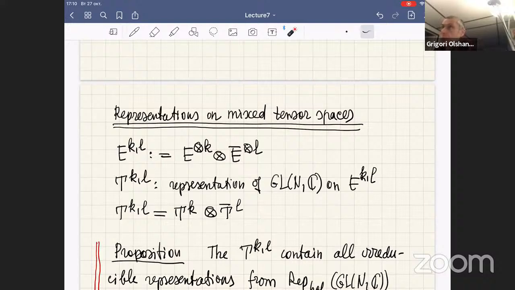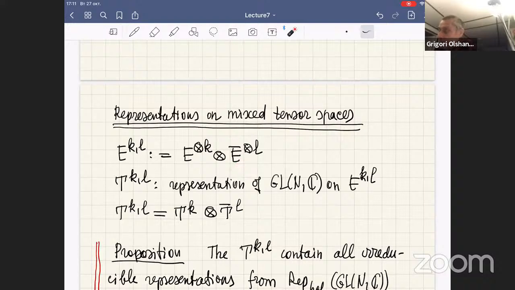So if you want to extend the construction in the spirit of Schur-Weyl duality, we need to do something more. A natural idea is to take arbitrary tensor representations, meaning that we take mixed tensor spaces. What this means is that we take the same tensor space as above, and this is the dual space. The dual space can be defined in two equivalent ways.